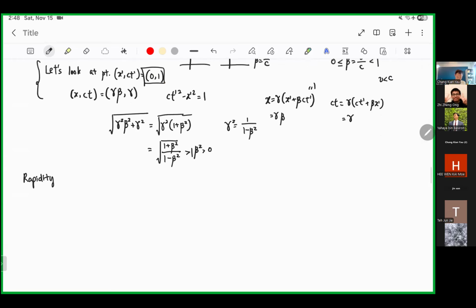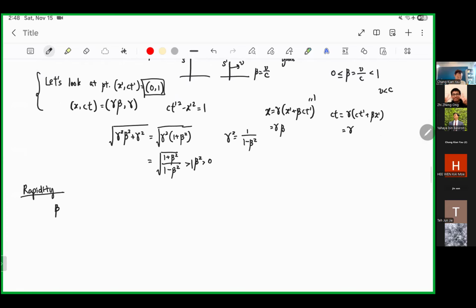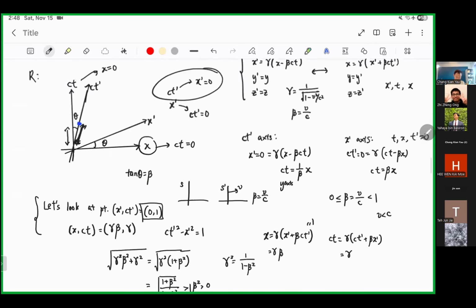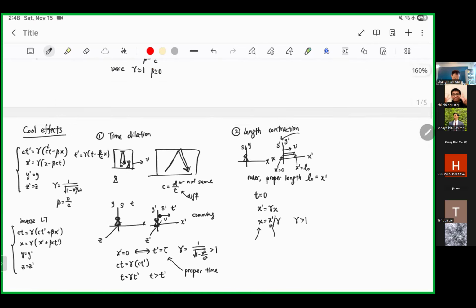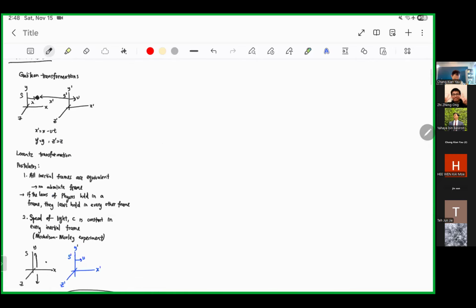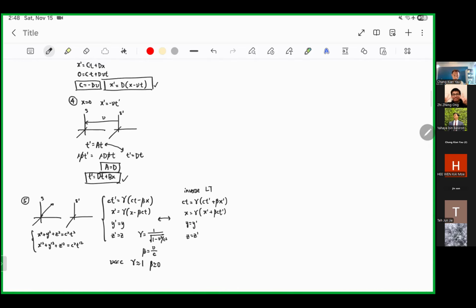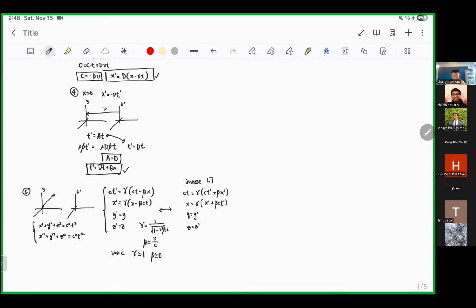Okay, now we define something called the rapidity. This is kind of out of the blue, but if you try to do this whole Lorentz transformation derivation yourself, like the one that I skip here, what you realize is the solutions have the form of hyperbolic trigonometric functions.